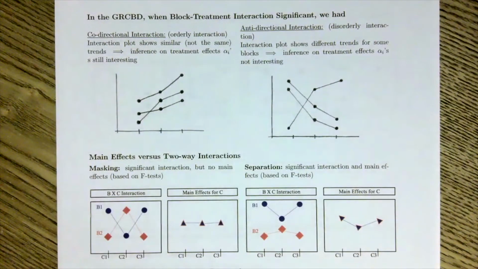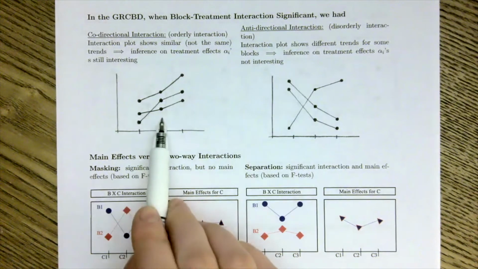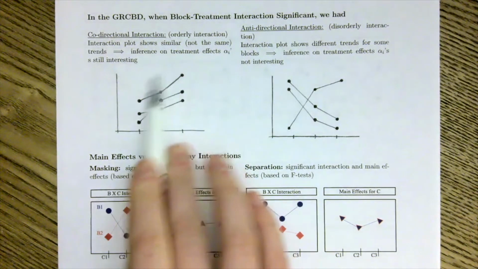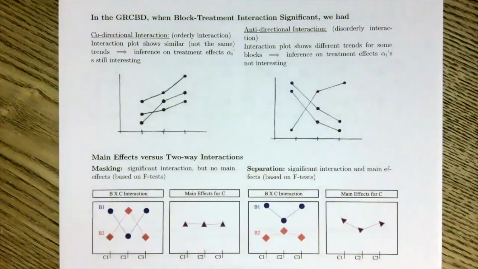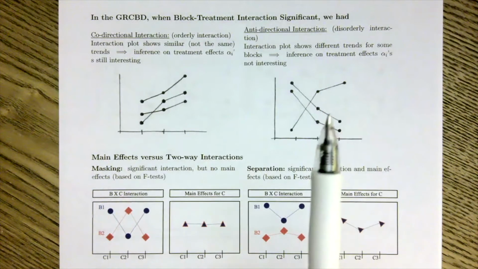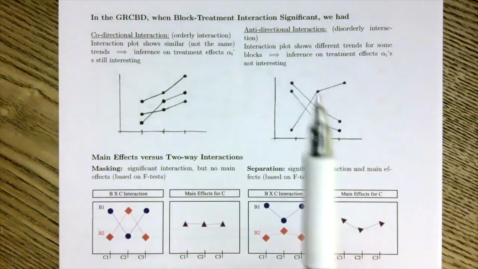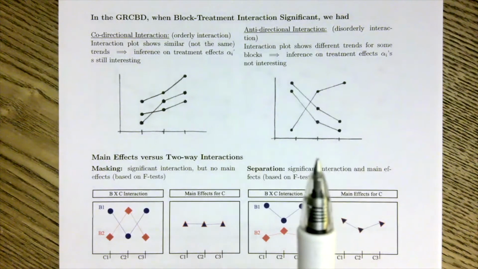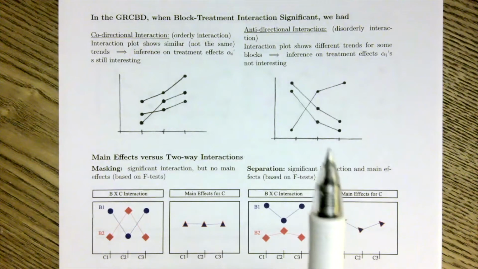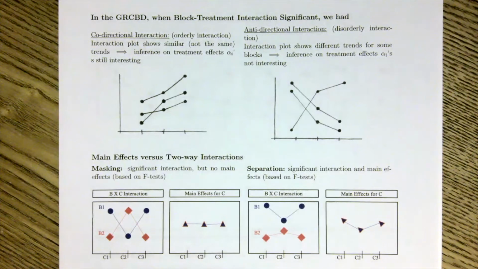Codirectional was when the interaction plot showed similar, not the same, trends, and we were able to also go look at the treatment effects for our alphas. But if we had anti-directional interaction, where our interaction plot showed different trends, then we weren't able to go look at those treatment effects.